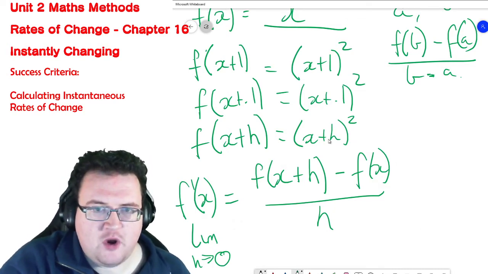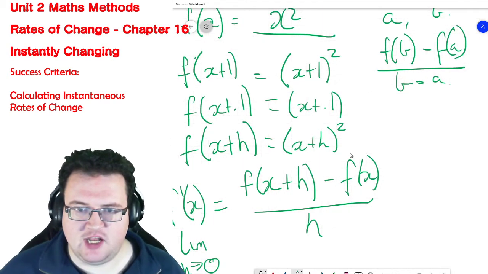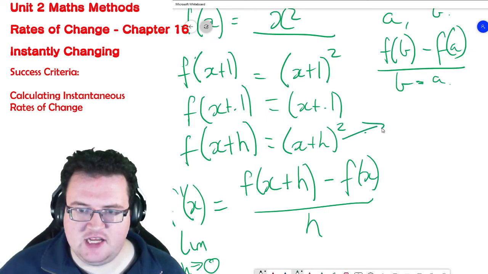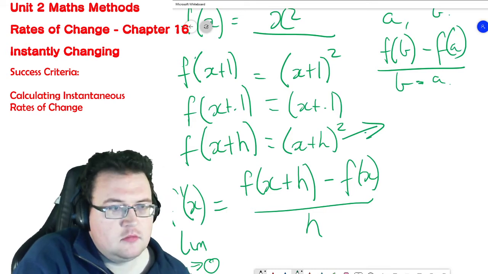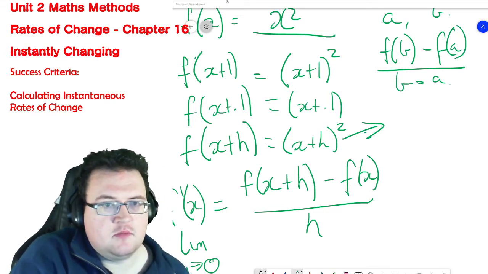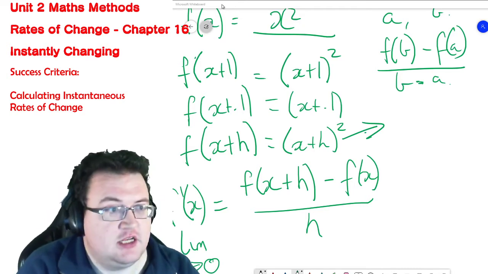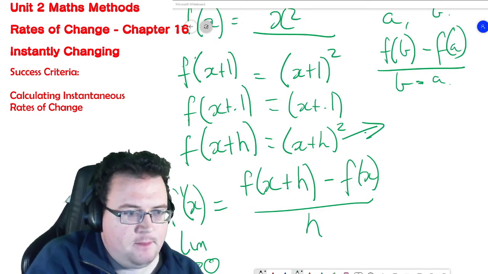Let's figure out, what is x plus h squared? Can I get someone to please tell me what that is fully expanded? X plus h all squared.